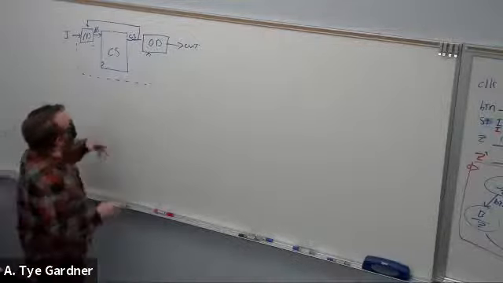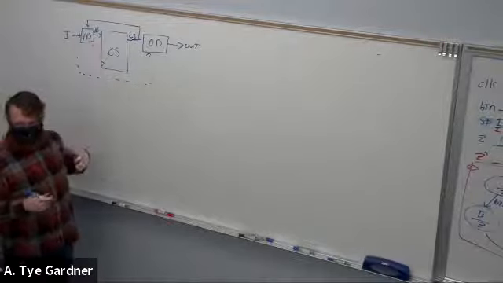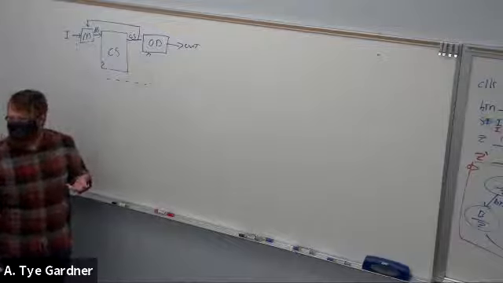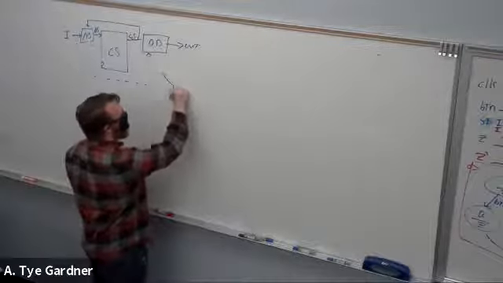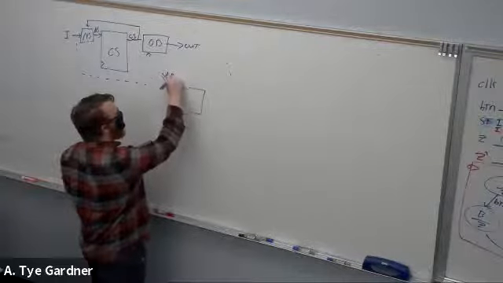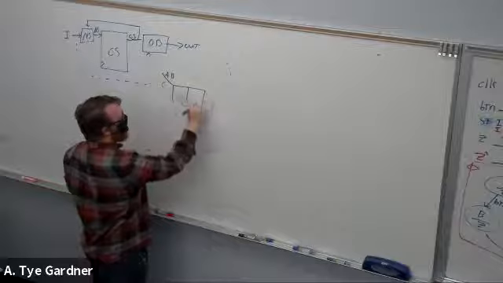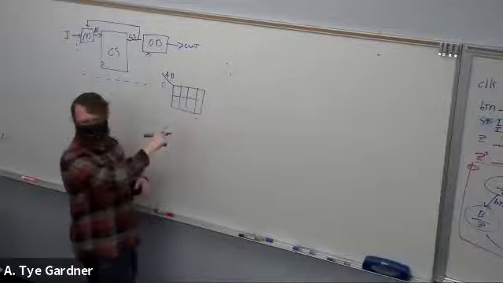So when we do this design, when we make this next state logic, we start with a K-map. So let's say that we had a K-map that's 3 variables, A, B, and C. Is that too small or is this okay?